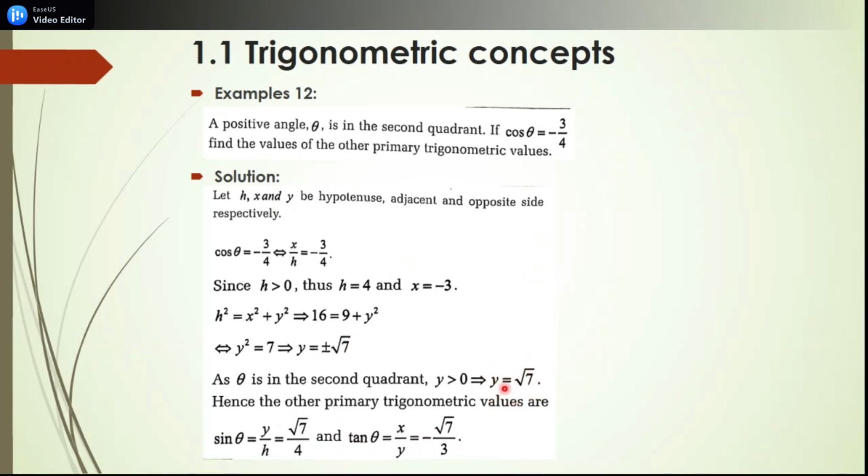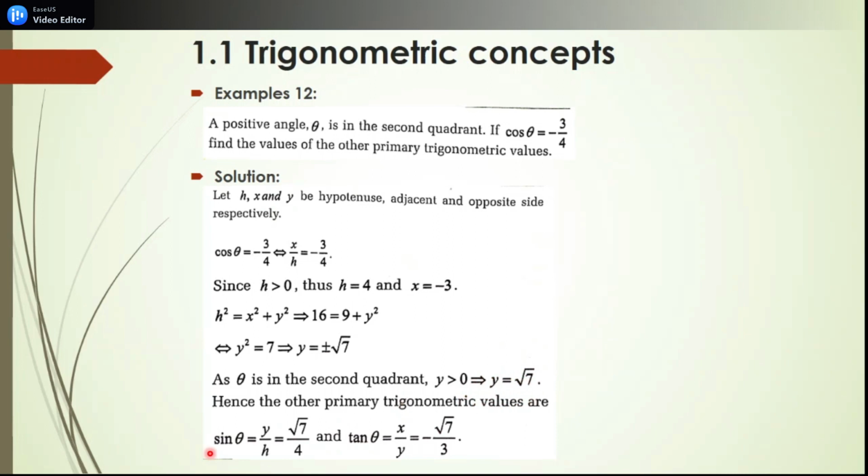We consider the positive value because in the second quadrant, x is negative, but y is positive. As when we draw, x is negative and y is positive. That is the reason why we take the positive value of y.